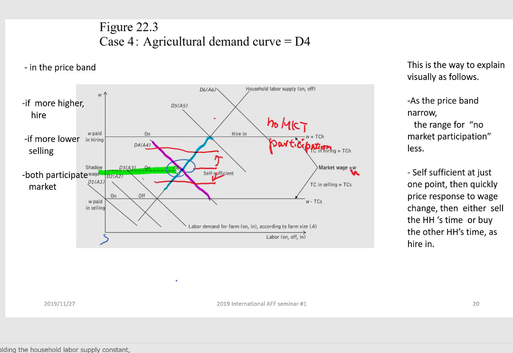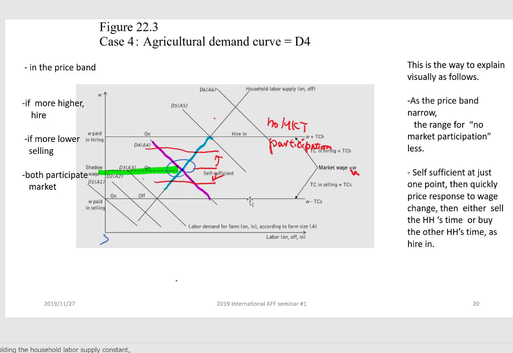So we can observe a kind of price response as market participation. When we observe the self-sufficient household at just one point, as a result of the price band narrow case and the narrowest case, self-sufficient behavior occurs at just one point.